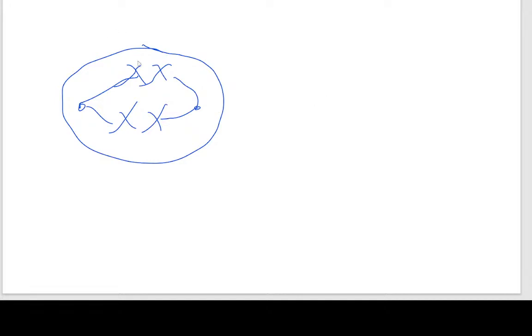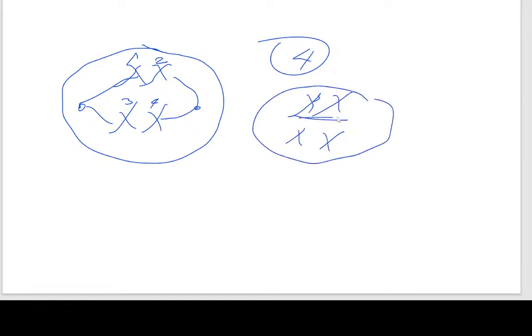I see chromosome 1, chromosome 2, chromosome 3, chromosome 4. So I see 4 chromosomes. So how do I know that this is meiosis 1 and this is meiosis 2? I will only know if these chromosomes are in pairs. If they are in pairs, therefore it is meiosis 1. They have not yet divided.